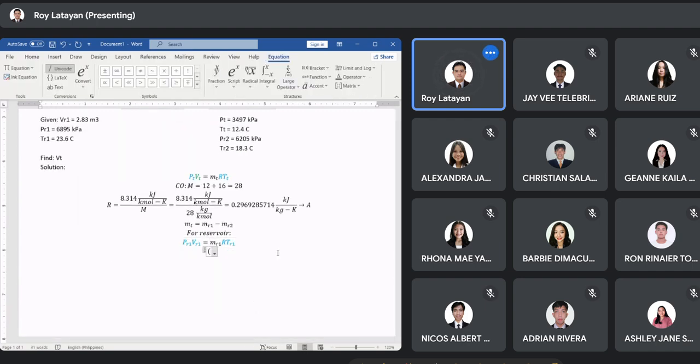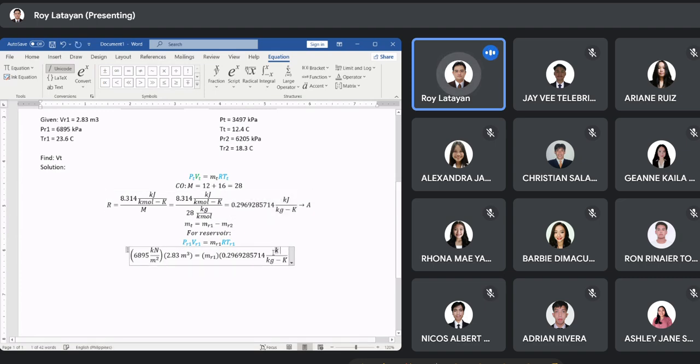So substituting, 6895 kPa or kilonewton per meter squared times volume 2.83 meter cube is equal to the value ng R, MR1, times ito.